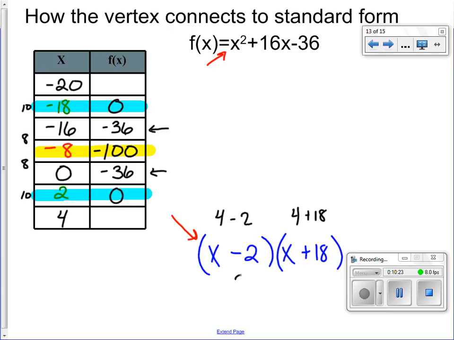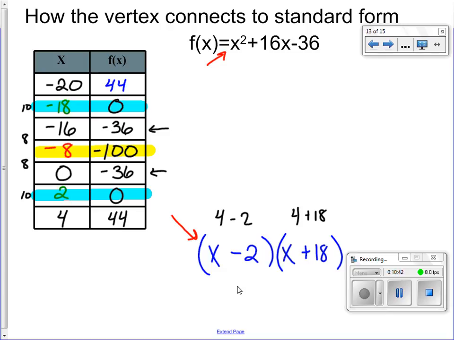So 4 minus 2 is 2. 4 plus 18 is 22. So 2 times 22 is 44. So I'm going to go out on a limb and say that that's also going to be 44.